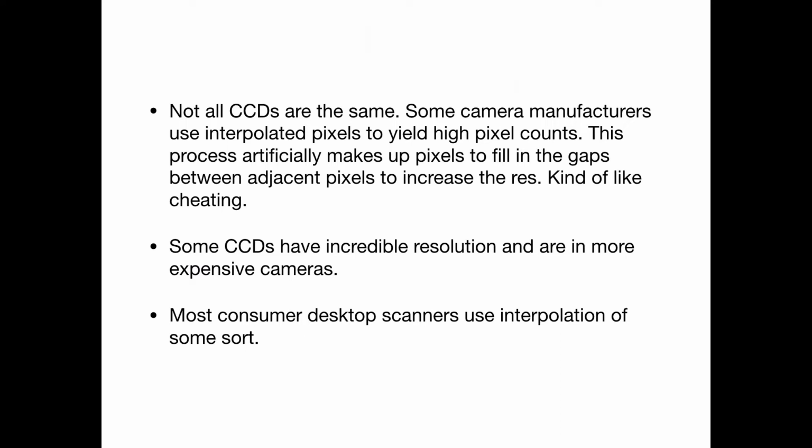So when you start manipulating it, you'll start seeing some artifacts that you don't from other cameras. The really good cameras don't do that. The cheaper ones do. I'm not sure about the phones. But at any rate, not all CCDs are used the same. Some CCDs now are just crazy. Some of the quality I'm seeing totally blows me away. And last point, most computer desktop scanners use interpolation of some sort.